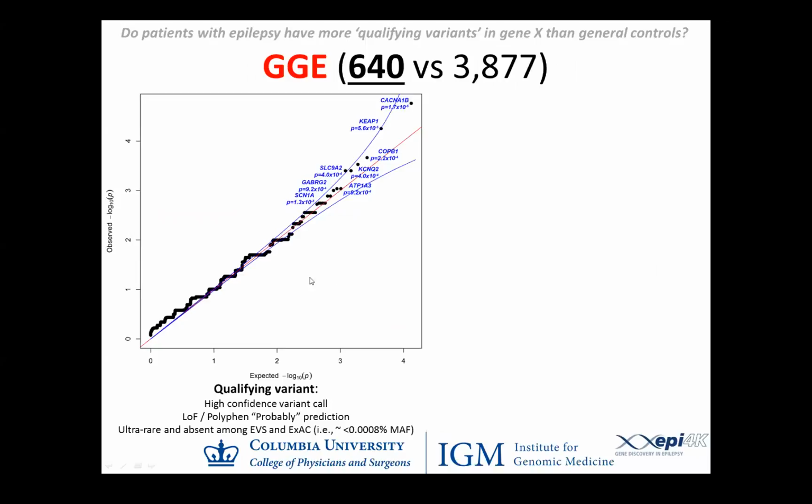In terms of the GGE results, this was a comparison of 640 unrelated index cases with genetic generalized epilepsies compared to, again, the same collection of just under 4,000 population controls that we had available. Unlike the non-acquired focal epilepsies, there really didn't appear to be any individual genes that broke through the genome-wide correction threshold.